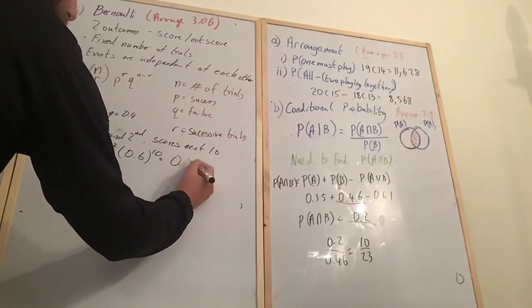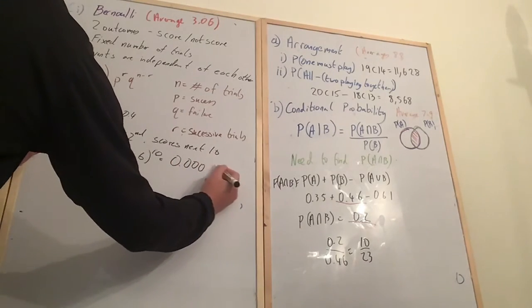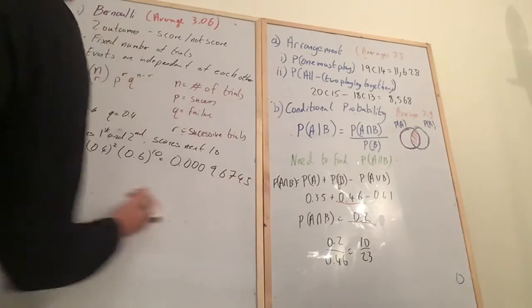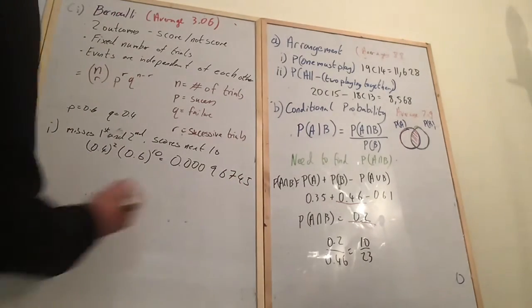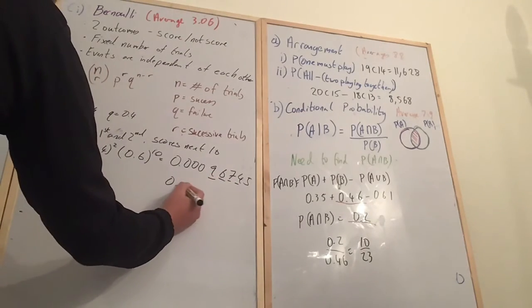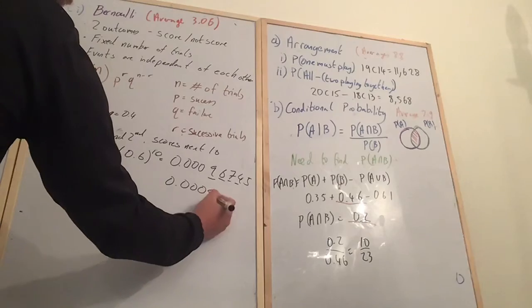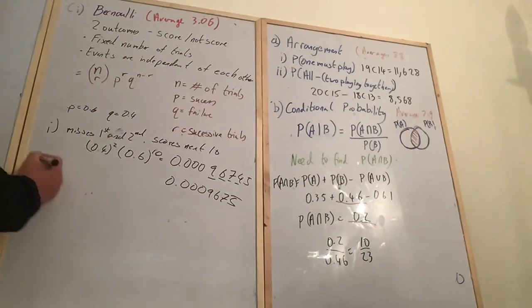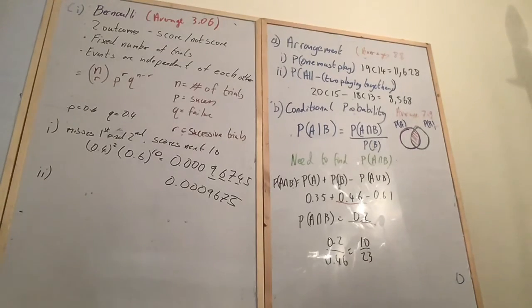That is 0.000966745. It says to 4 significant figures, so 1, 2, 3, 4, and we're going to round it up, so it's 0.0009675.